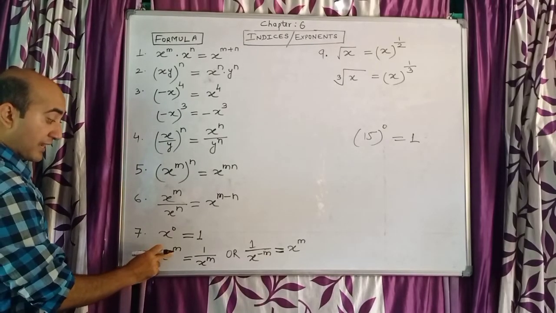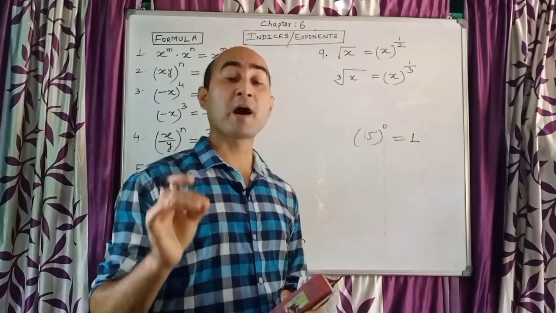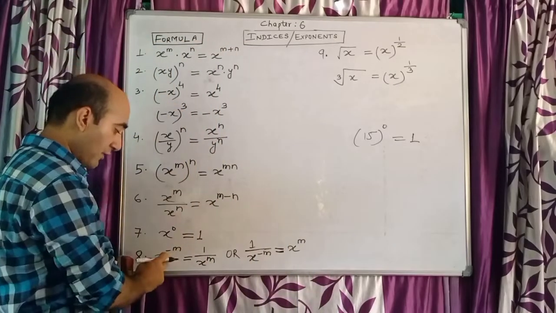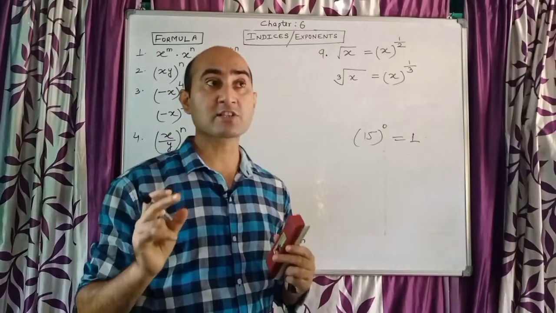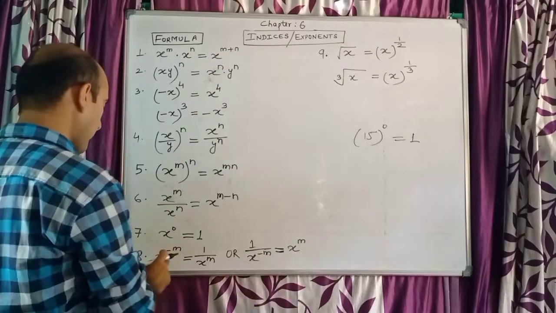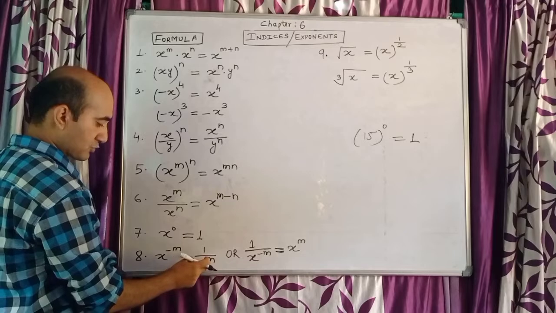x to the power minus m. This is the first time in this formula list that the power is negative. Earlier the number was negative, that is different, but here the power is negative. When the power is negative, our first target should be to make the power positive. How to make the power positive? You write 1 by x to the power m.